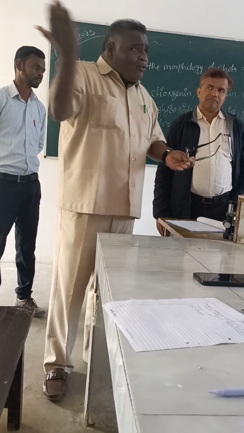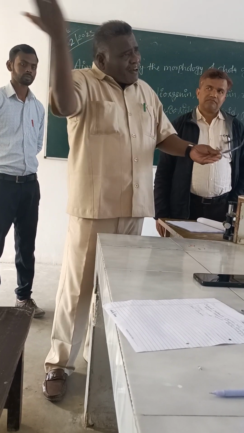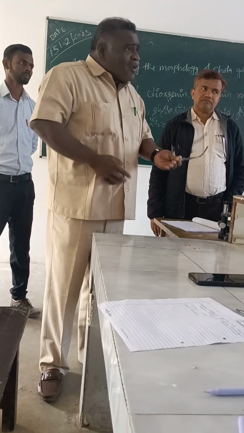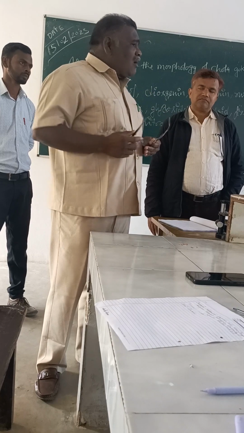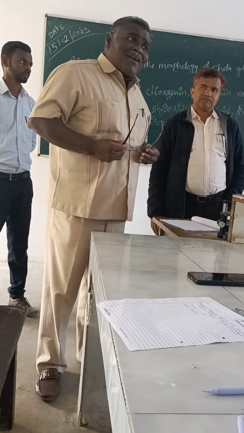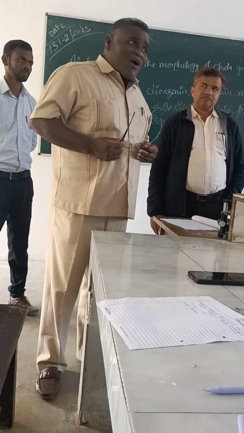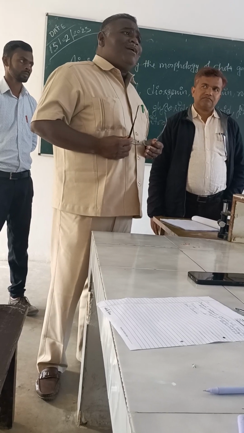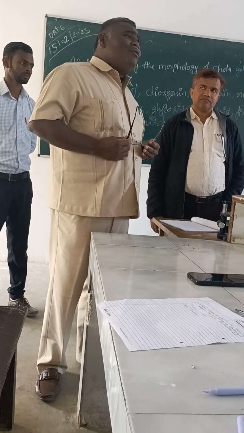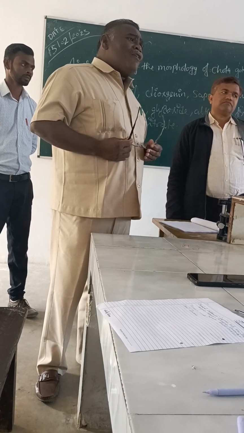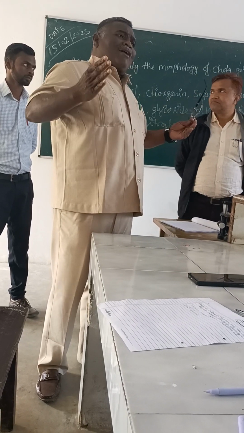But if you want to study the internal morphology or internal anatomy of a drug by taking sections, either transverse or longitudinal, then you have to use an advanced microscope, either simple or compound. The simple microscope will give you 10 into 10 or 10 into 5, that is 50 to 100 times magnification.